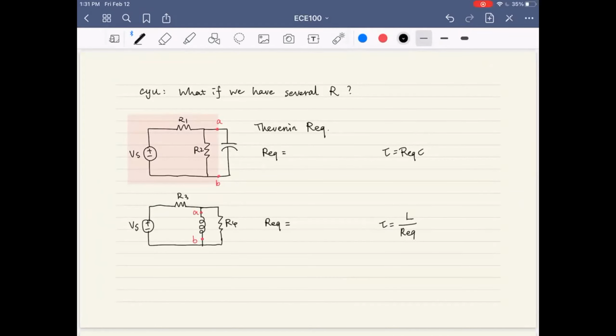If our capacitance is connected in this way, we should take the two ends of the capacitor, terminals A and B, and all the rest in the box, and then calculate the Thevenin equivalent resistance. And I recommend using the zeroing technique if there is only an independent source.